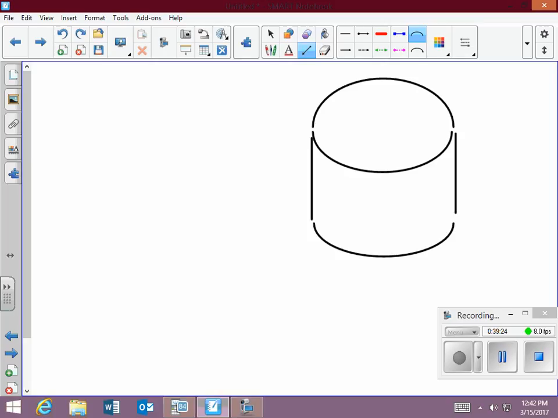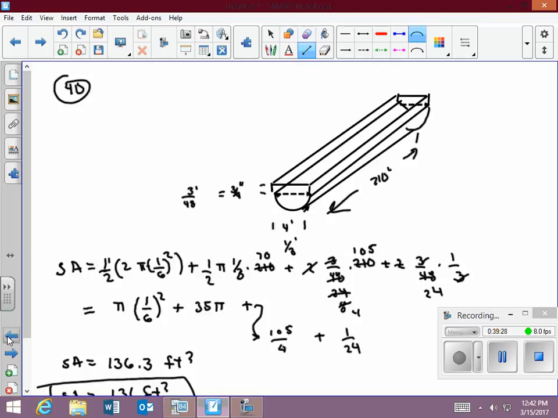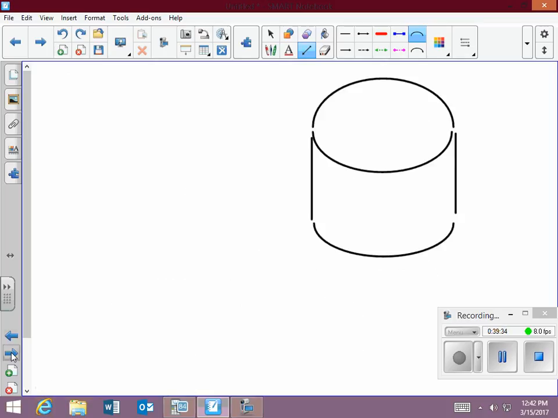Okay. Professor, what was the last answer, please? 136. Yep, thank you. Okay. So now we're going to have to freehand this thing.